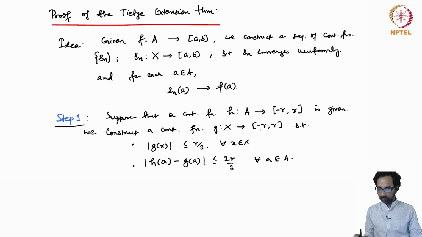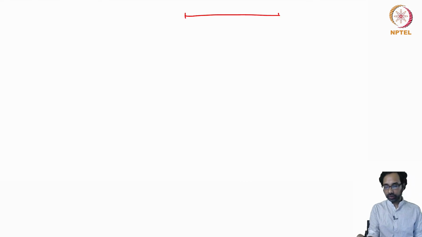In fact, here we can even ensure that the function g has the image in the subset [-r/3, r/3] rather than [-r, r]. So let us see how this works. So to do this, we have this interval -r to r, and we have 0 here.